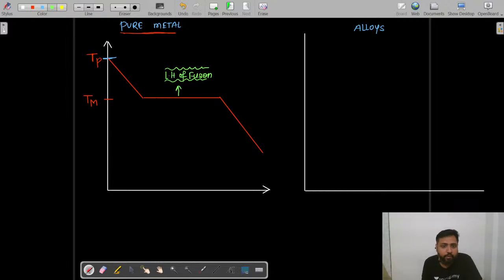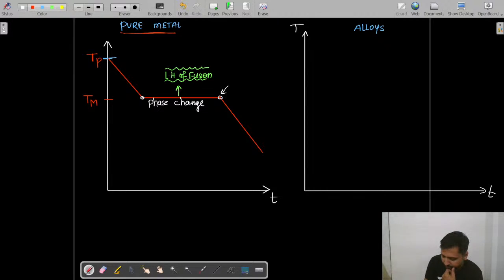So what is happening in this range? Actually, phase change is happening. Here on this axis we have shown time, and temperature on the other. So here phase change is happening and temperature remains constant.